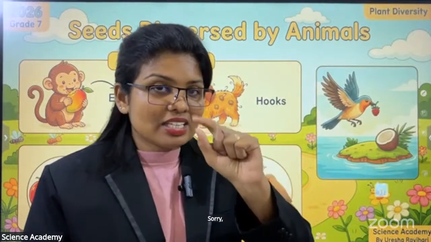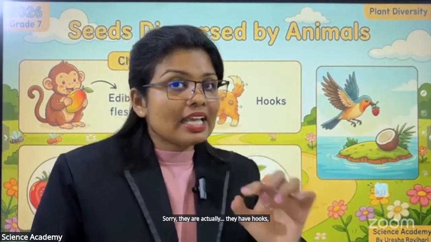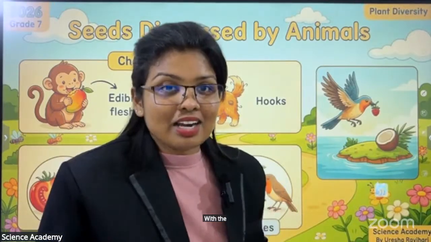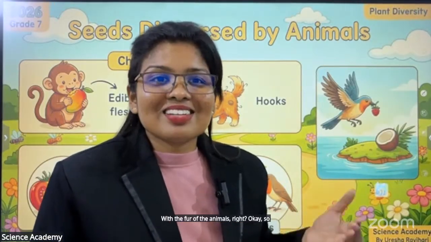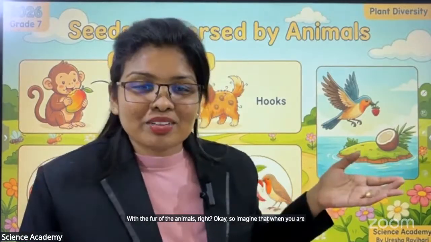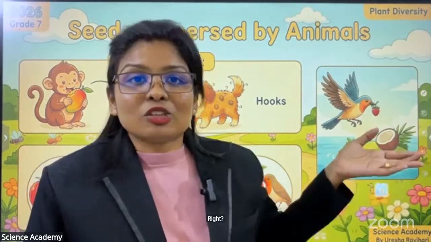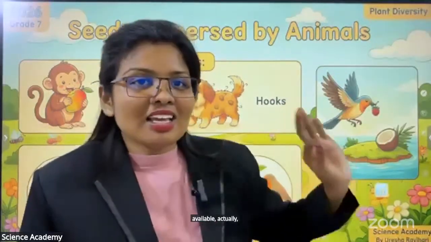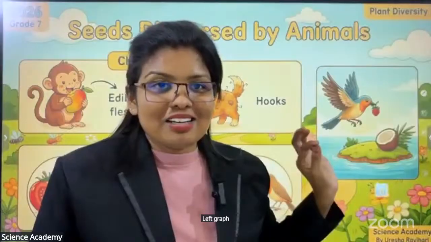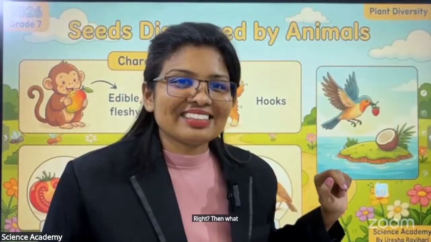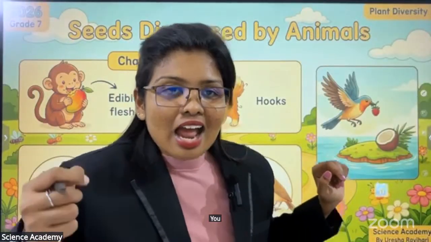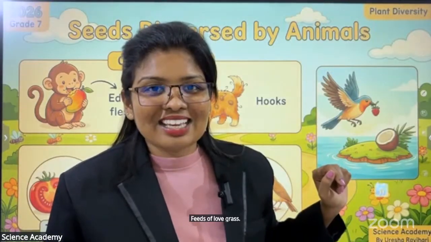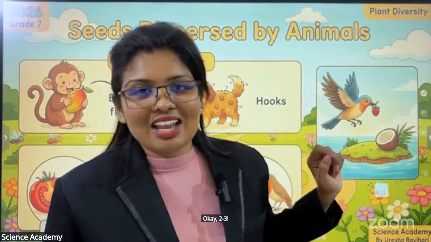Sorry, they have hooks and they cling to the fur of animals. Imagine that when you are going home, love grass is available on the pathway. Then your socks get attached with the seeds of love grass.